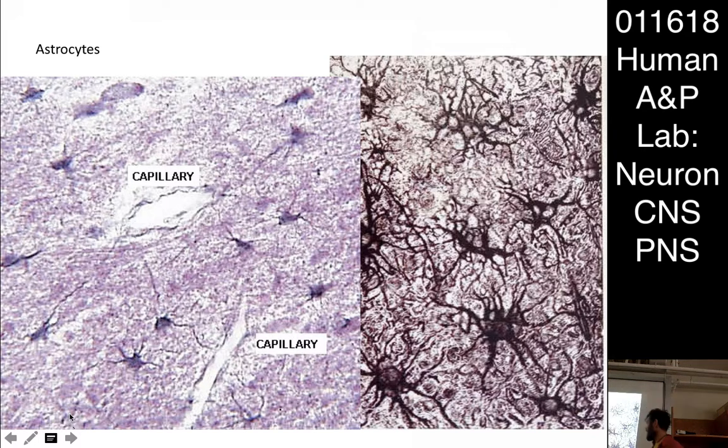And astrocytes actually are not neurons. They are neuroglial cells. We will find out what that means in lecture today, but they are not conductive cells. They're not excitable cells. They are supporting cells, and we'll see what they do in lecture. But this is what they look like.